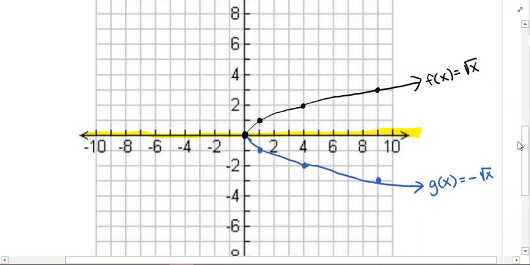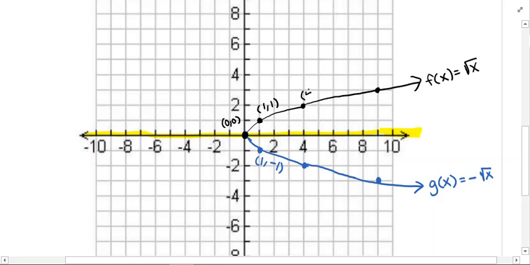If you look at the points here, the origin did not change. But on the original graph we had the point (1, 1), and on the transformed graph the x value stayed put and the y value changed sign.